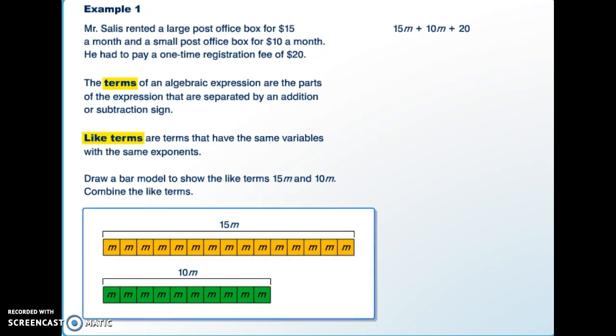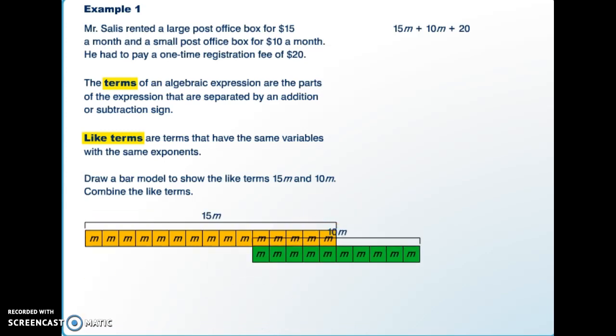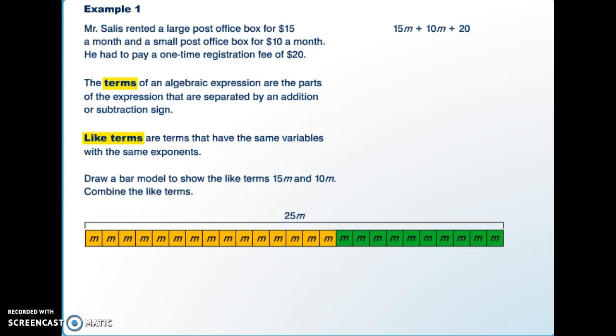Click to move the bar that represents 10M next to the bar that represents 15M. There are 25 squares. The simplified expression is 25M plus 20.